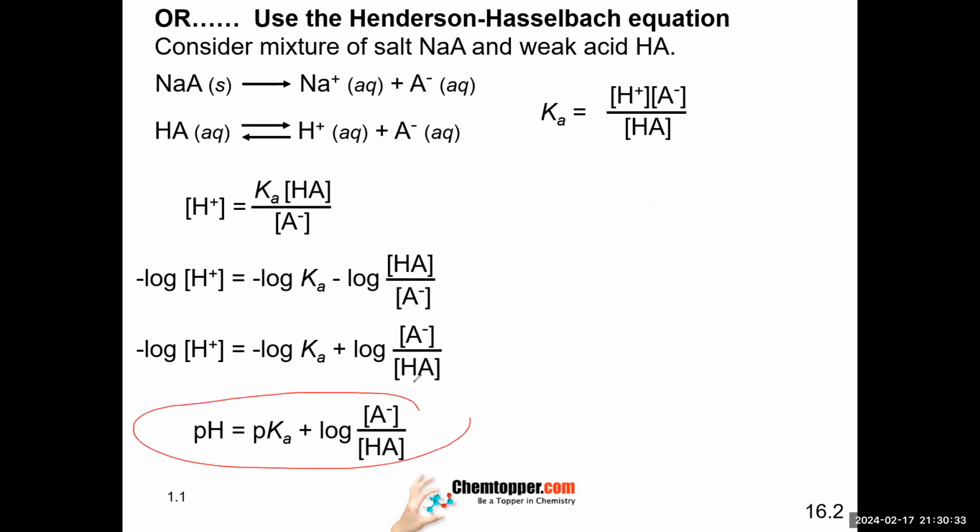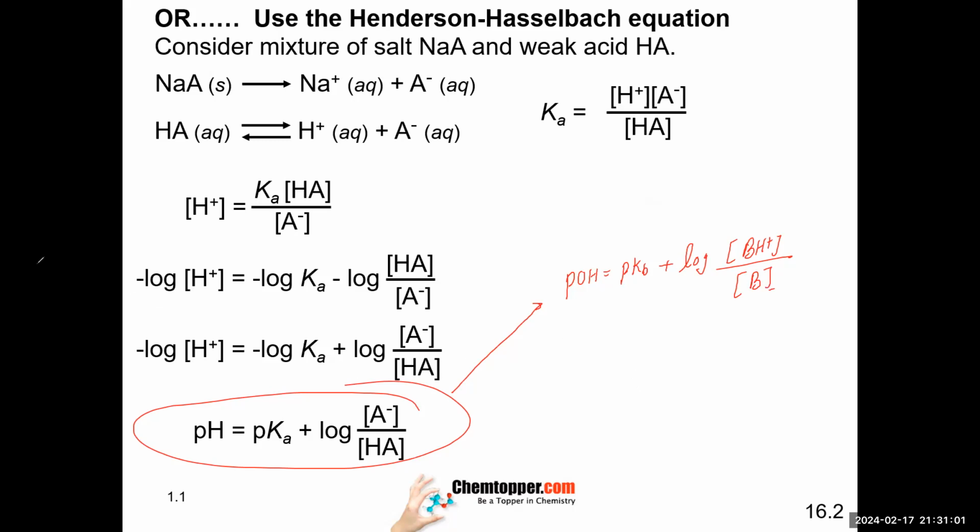The same equation for a basic buffer will be pOH equals pKb plus log of the concentration of the conjugate acid over the concentration of the base.